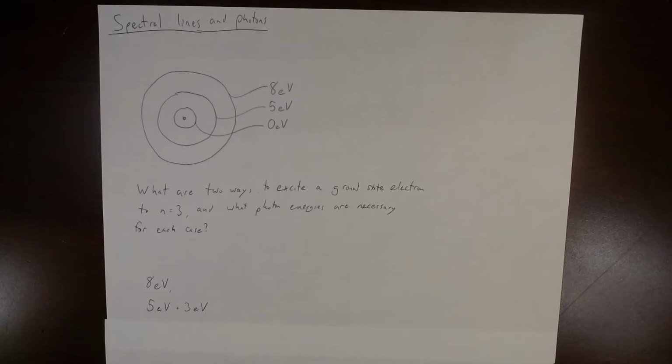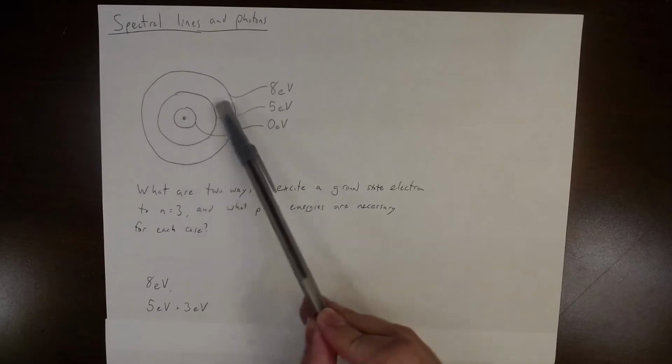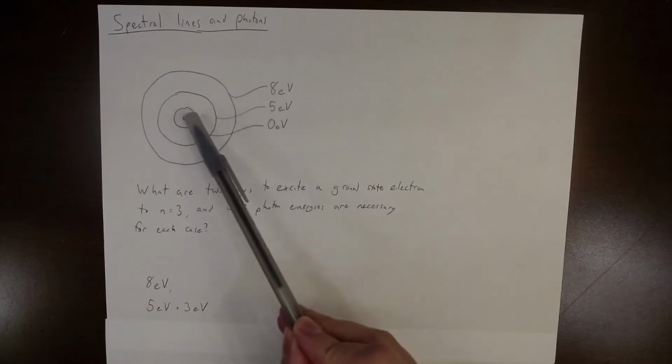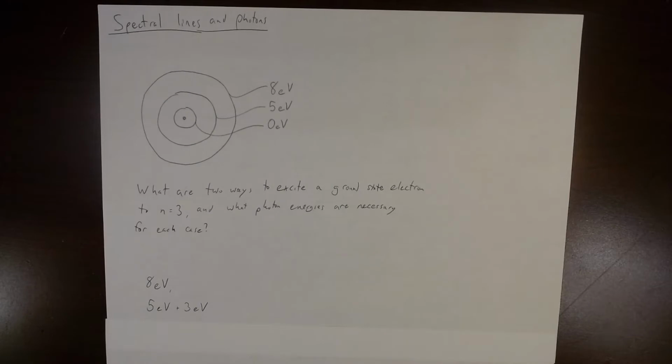All of these would be somewhat absorbed as the light goes through this kind of gas, because those photons would be absorbed by electrons getting jumped up to higher energy states. Those electrons could later jump back down to n equals 2 or n equals 1, depending on where they were, and then emit those photons again.